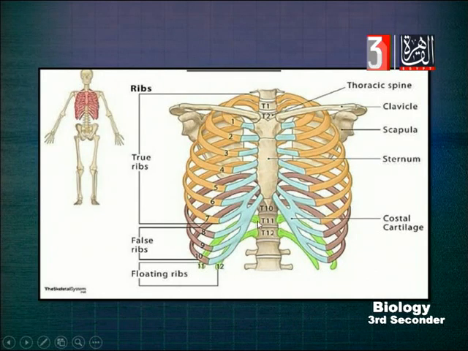And pairs number 11 and 12 don't reach the sternum. They are called floating ribs.